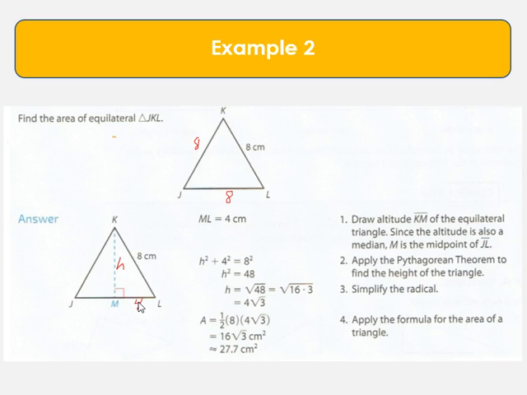Now, because our height is 4 square root of 3, we can now solve for the area of a triangle, area being one half base times height. So now let's look at our base, and we know that we have a height of 4 square root of 3. So 1/2 the base, which is 8, times 4 square root of 3 will be 4 times 4 square root of 3, which is 16 square root of 3 centimeters squared, which is approximately 27.7 centimeters squared.